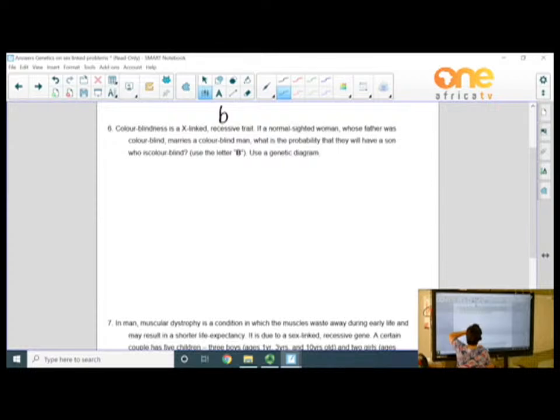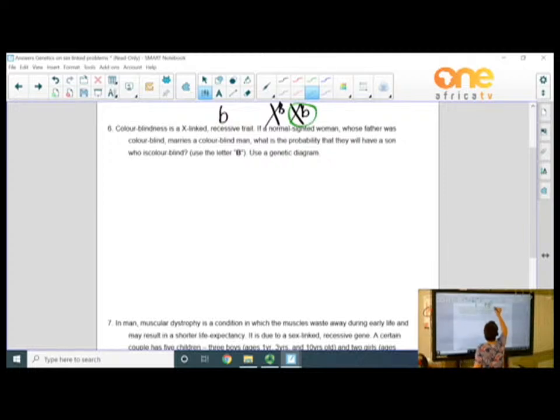A normal-sighted woman will look like this. On the X, she will look like this, because this X of this normal woman came from her father.